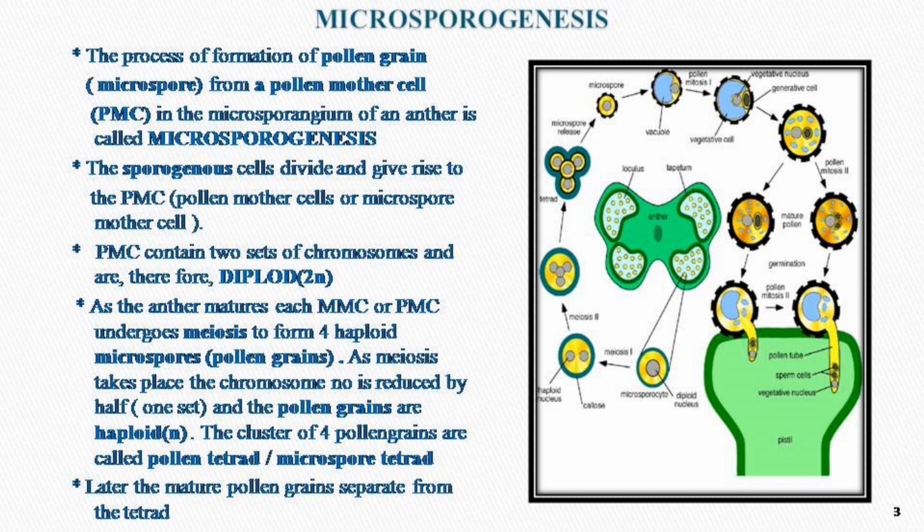As we discussed, the sporogenous cells divide and give rise to pollen grain mother cells, or pollen mother cells, or microspore mother cells. A pollen mother cell contains two sets of chromosomes and therefore is in a diploid state, that is the 2N condition.